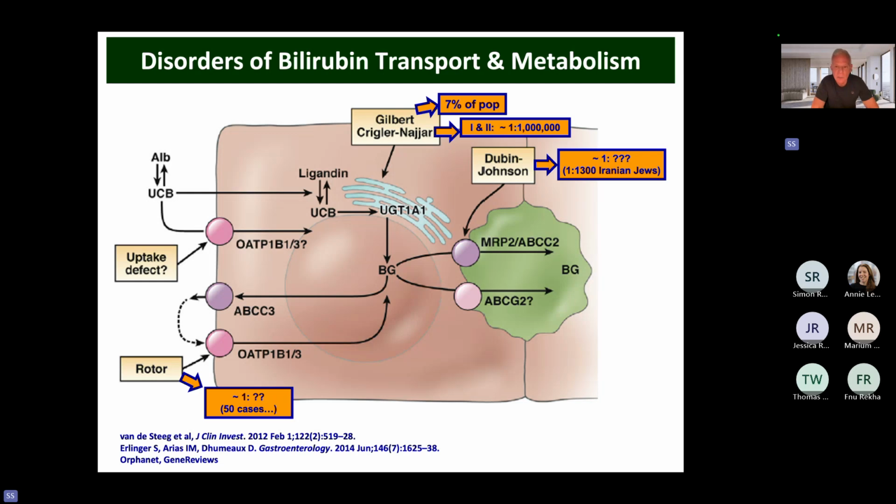Here up at the top, you see problems with UGT1A1 leading to Gilbert and Crigler-Najjar. You may never see a Crigler-Najjar patient, but I guarantee you should have already seen plenty of Gilbert patients, because that disease occurs in 7% of the population.